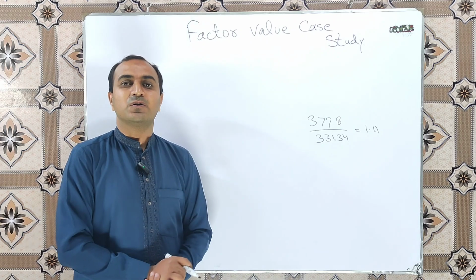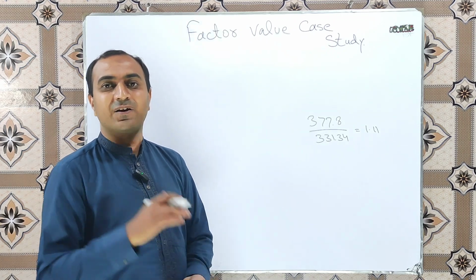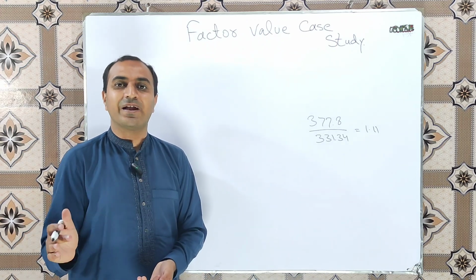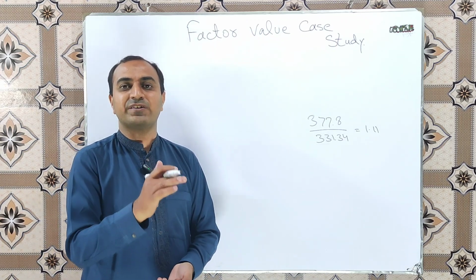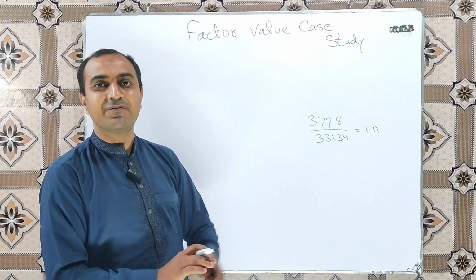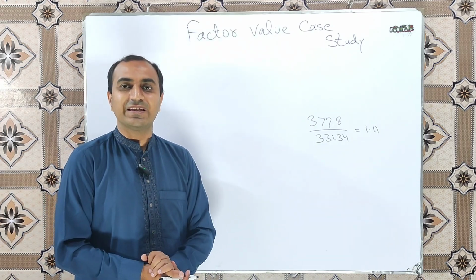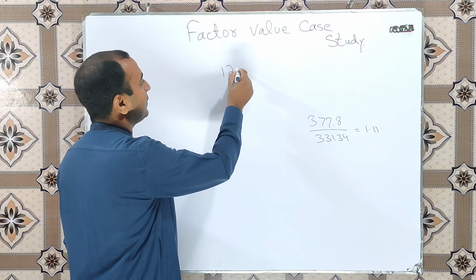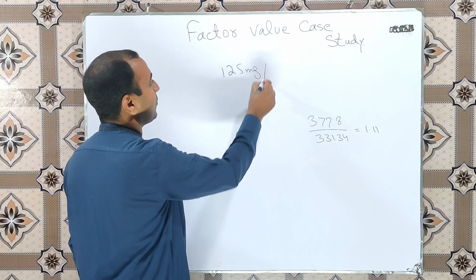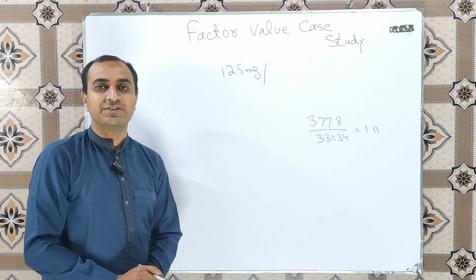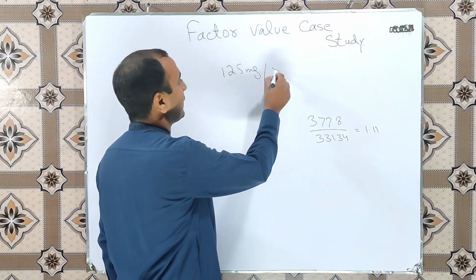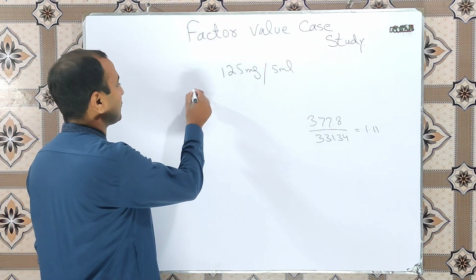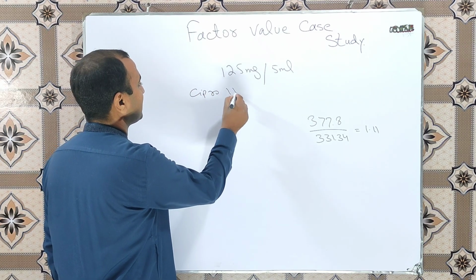He asked him to calculate the quantity of ciprofloxacin HCl which should be equivalent to the ciprofloxacin, and the statement for the dry powder suspension is that the label claim states that 125 milligram of ciprofloxacin is present in 5 ml of suspension, and we have ciprofloxacin HCl.